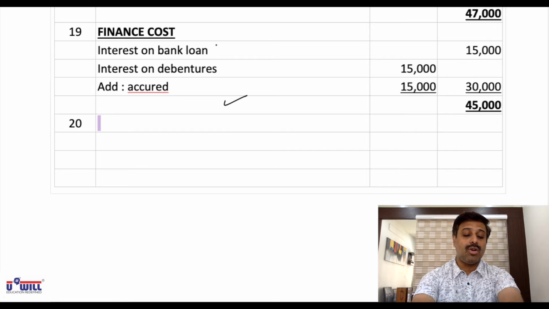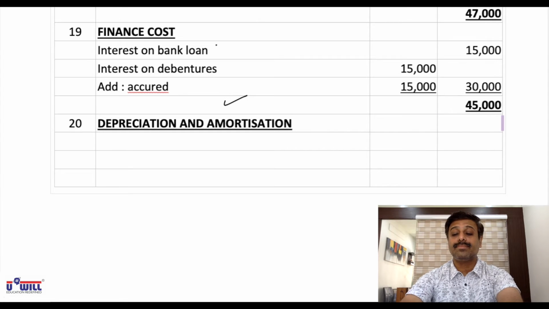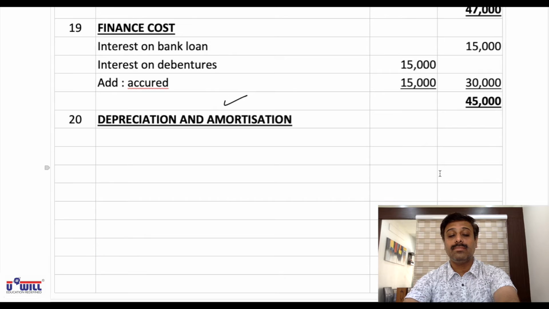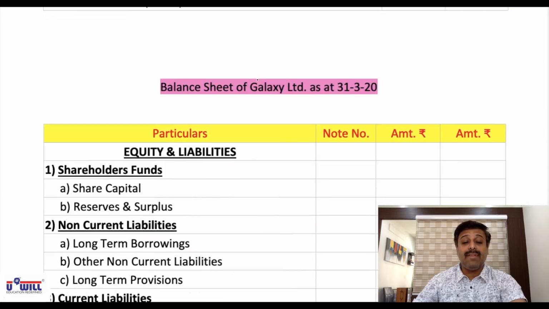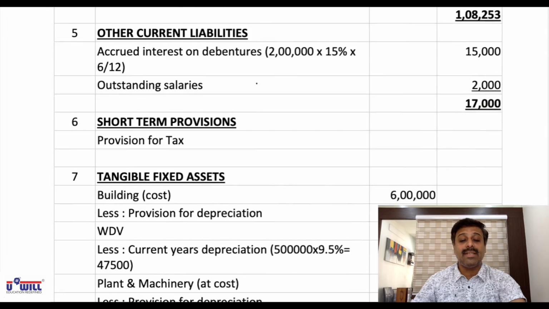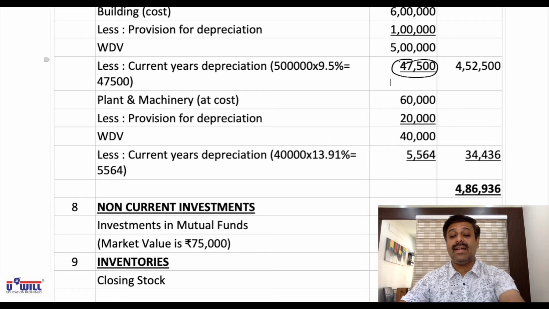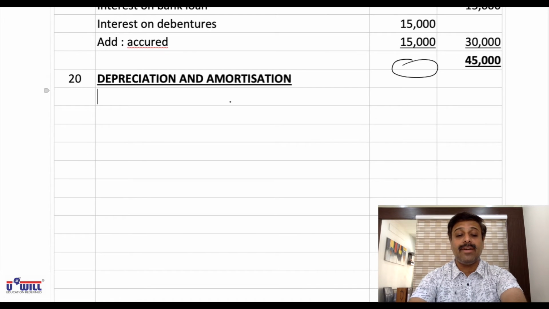Then after finance cost, we have depreciation and amortization. In depreciation and amortization, we take directly from the tangible fixed assets note itself. So the current year's depreciation is 47,500 in case of building. Depreciation on building 47,500.